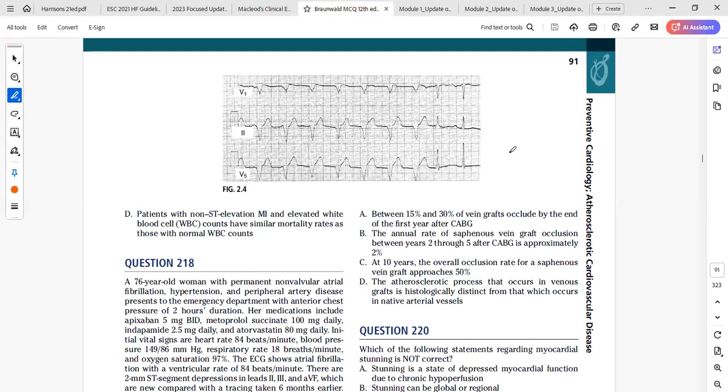The mechanism through which this happens is an increase in vagal tone or increased ventricular automaticity.